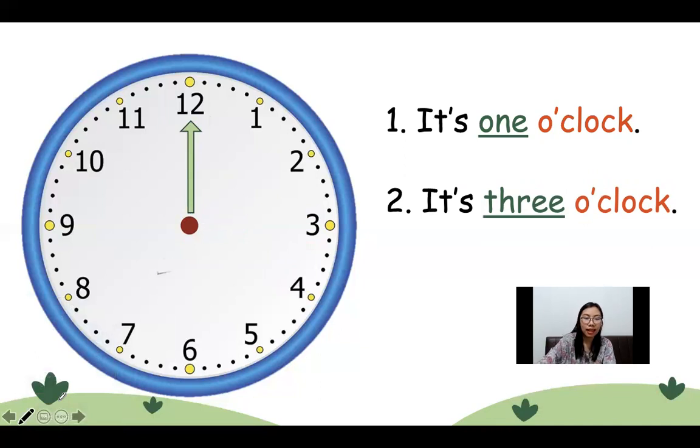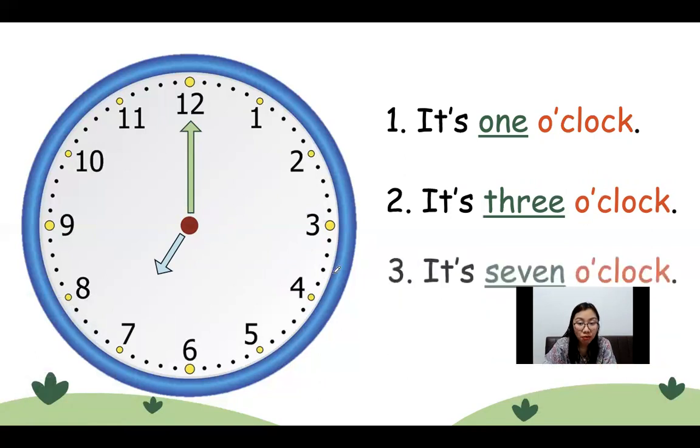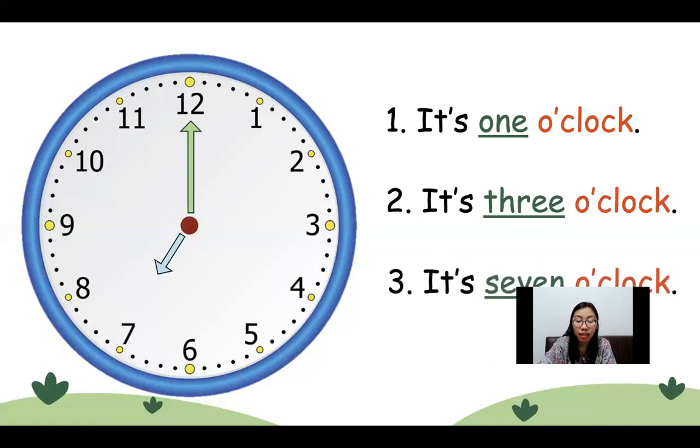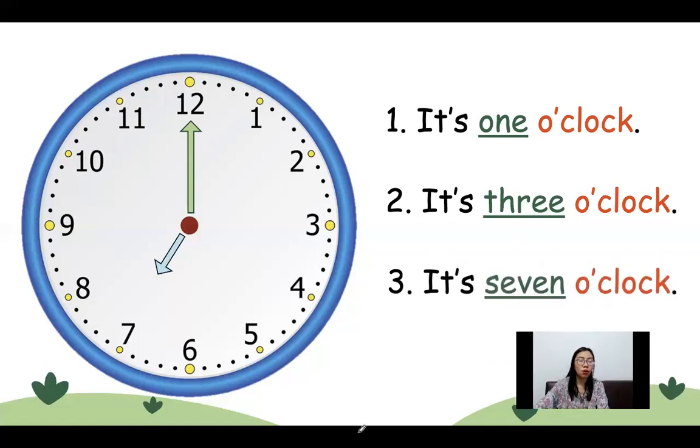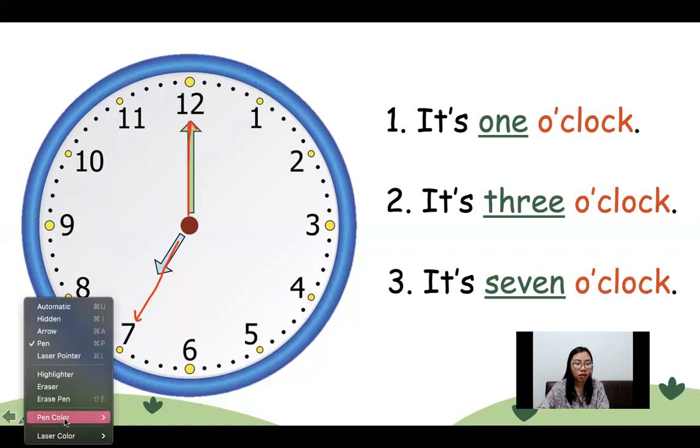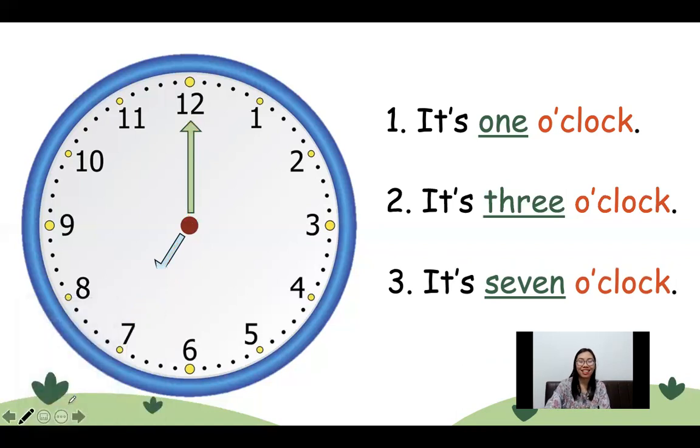Very good. And lastly, where does the short hand point? 1, 2, 3, 4, 5, 6, 7. So it's 7 o'clock. The short hand points at 7, and the long hand points at 12. 7 o'clock. Very good.